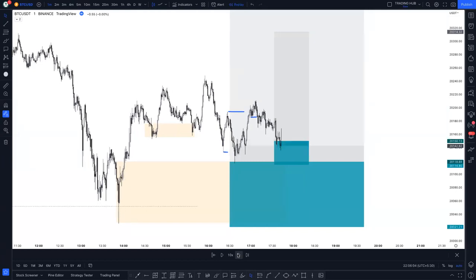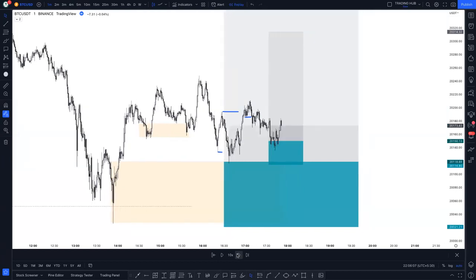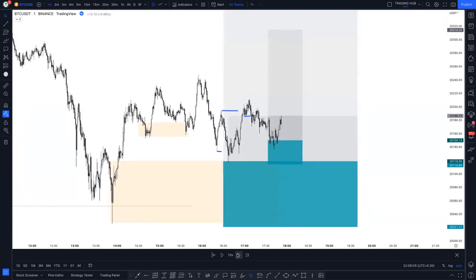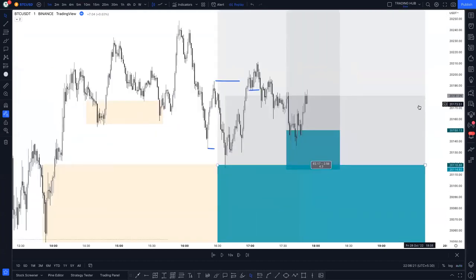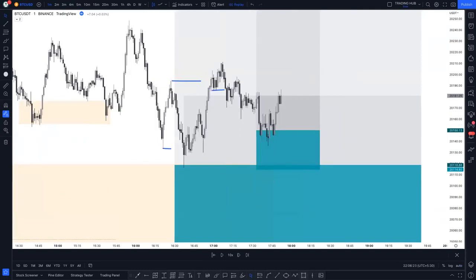Okay, small reaction. Perfect. I think break even is not good, or I don't know what you should do in this case. Everyone, break even or not? Where is our break even point?